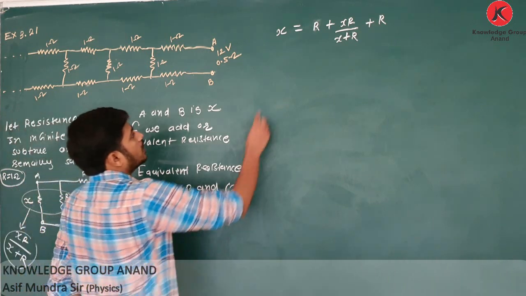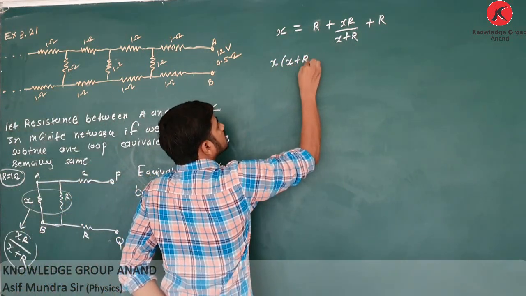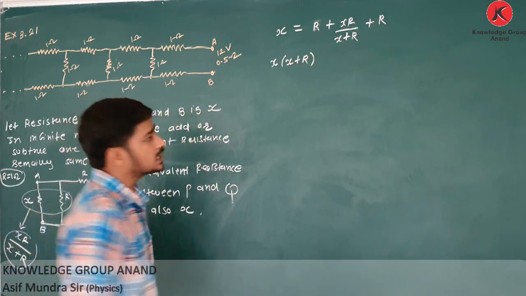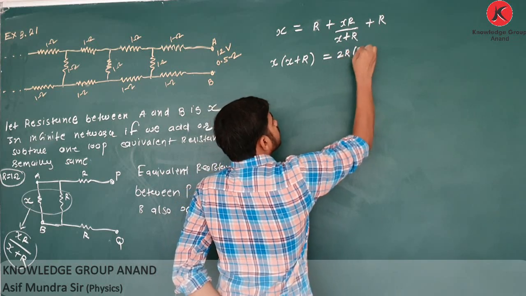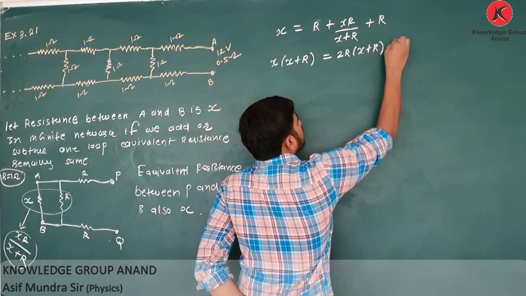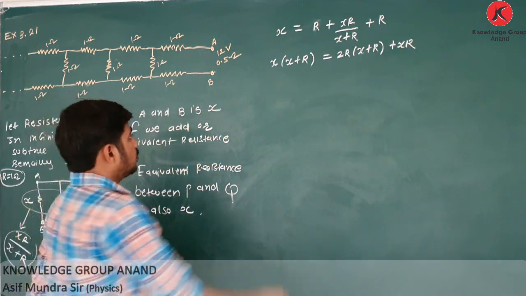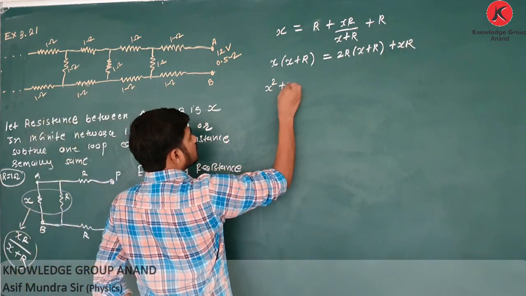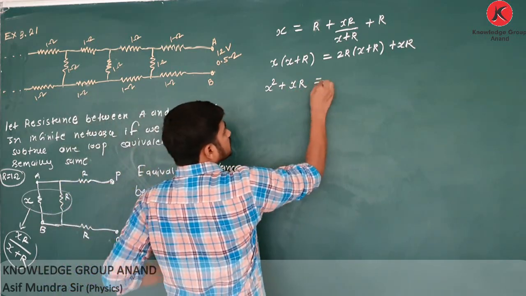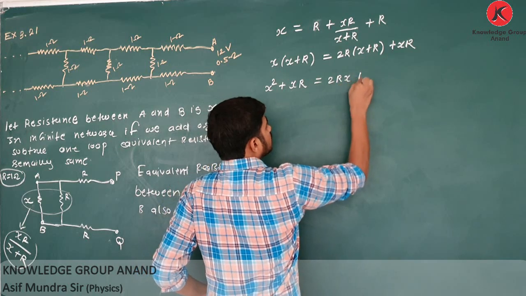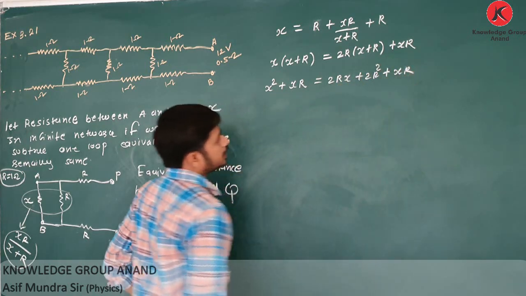See how to simplify. X into X plus R is equal to R plus R, it is 2R into X plus R, and plus XR. Now here it is X square plus XR, and this side is 2RX plus 2R square plus XR.